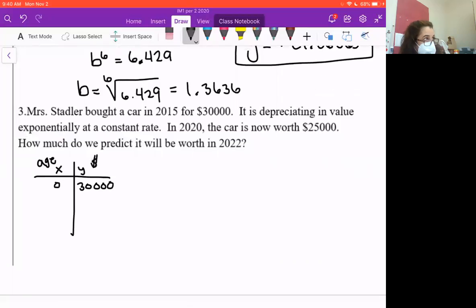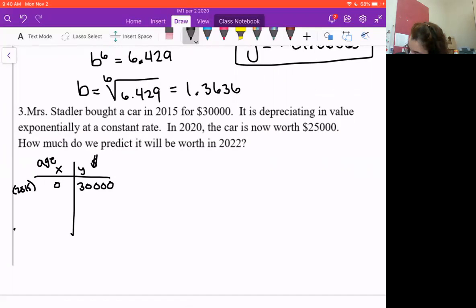So 0, $30,000 is my y-intercept. So this is what's going on in 2015. The year doesn't matter. It doesn't matter what year I bought it. It's all about how old is the car. When I bought the car, it's brand new. Its age is 0. That's my y-intercept.